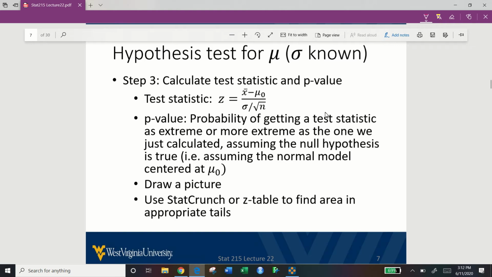Next, we will need to calculate our p-value, which is, remember, the probability of getting a test statistic as extreme or more extreme as the one we just calculated, assuming that our null hypothesis is true. Again, that means that we are assuming that the normal model is centered at our hypothesized mean, mu naught. We will draw a picture, and then we can either use StatCrunch or the z-table to find the area in the appropriate tails.